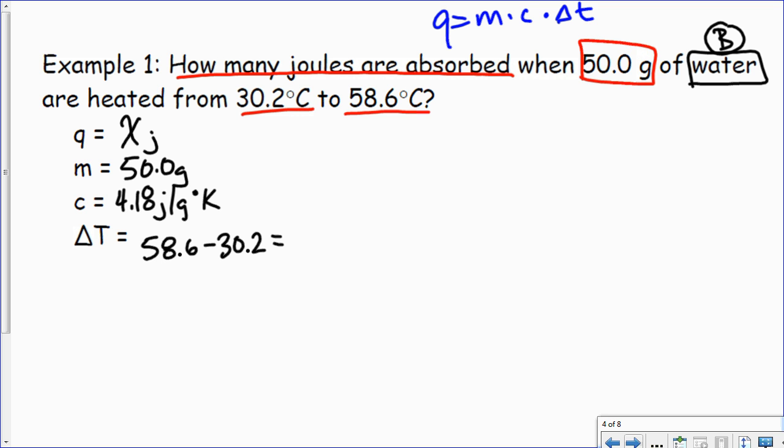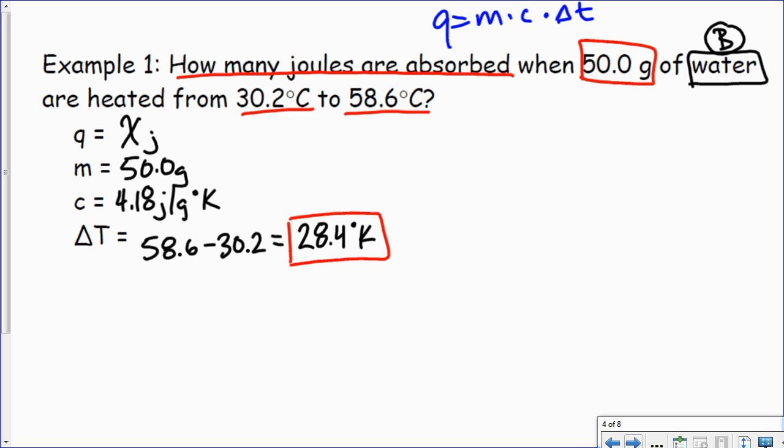Calculate that, 58.6 minus 30.2, and that is 28.4. I'm going to say those are degrees Kelvin because remember, a Kelvin degree and a Celsius degree are the same size. So we can interchange the units easily when we're talking about changes in temperature. So we're going to use that value for our delta T.